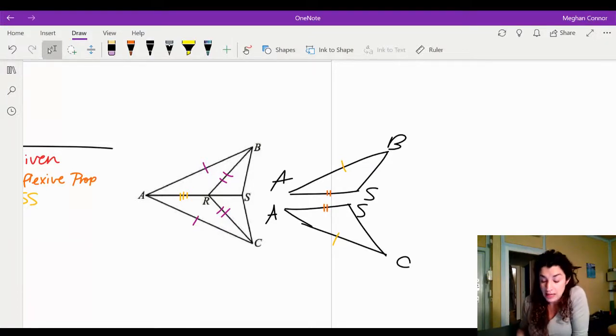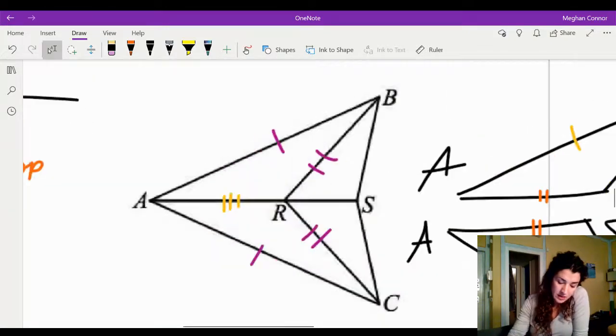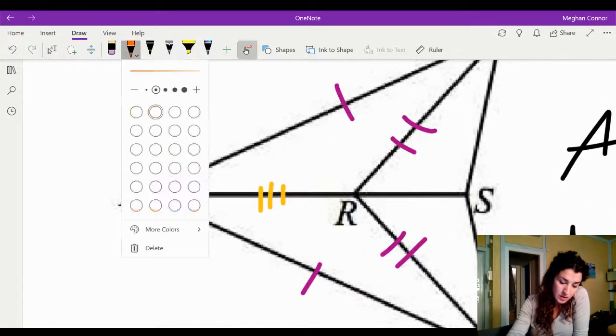Okay, so I've got 2 side lengths going on right now. Thinking again about the 5 ways I can prove: they're not right triangles, so no HL. I have 2 side lengths, which means I'm going to be SS, or SSS, or SAS. And so I'm going to think about how I can make the connections between the triangles I've already proven and the triangles that I want to prove. And I realize that angle A is a part of both triangles that I'm talking about here.